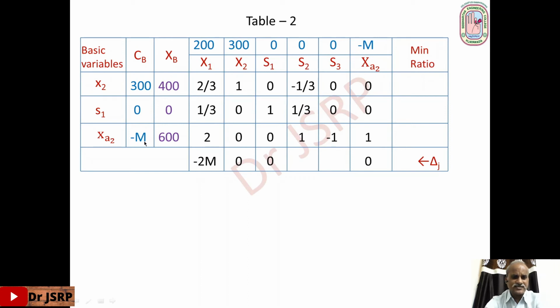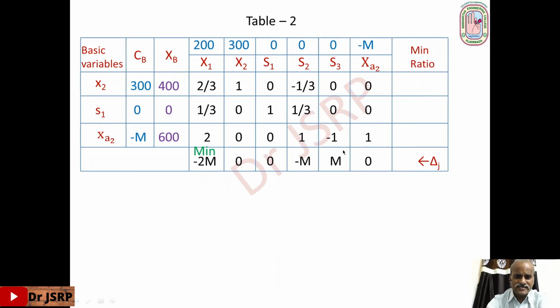So we can consider only the M term in the delta j evaluation. This is minus 2M. Next, this is minus M into 1, minus M, minus 1 into minus M, plus M. Okay, so these are the delta j values. And the objective function value corresponding to here: calculate this, minus 600M plus 12,000. Right. Now verify the optimality condition.